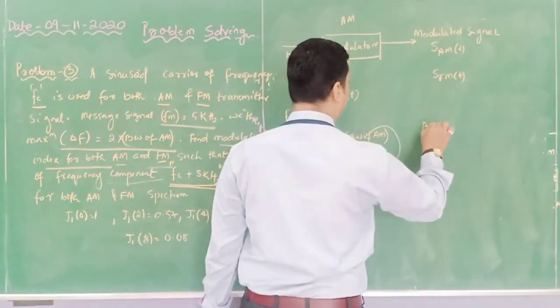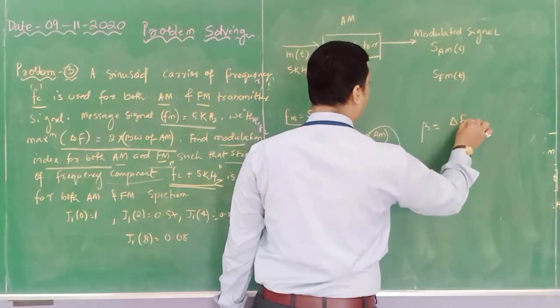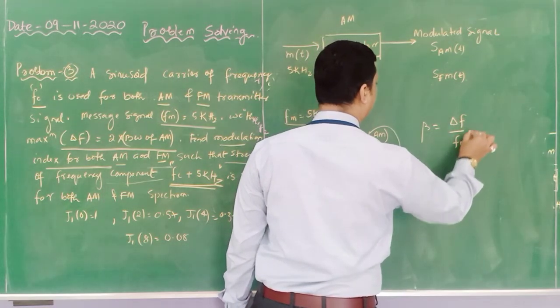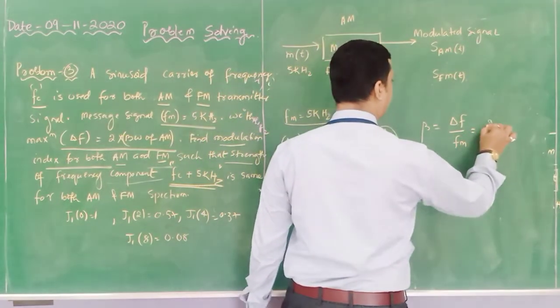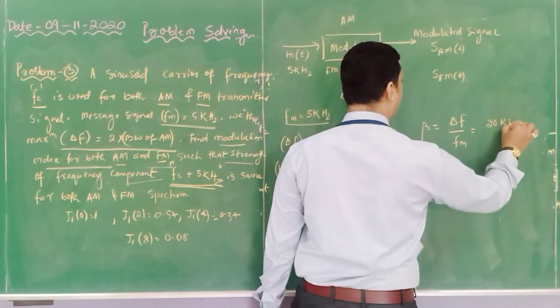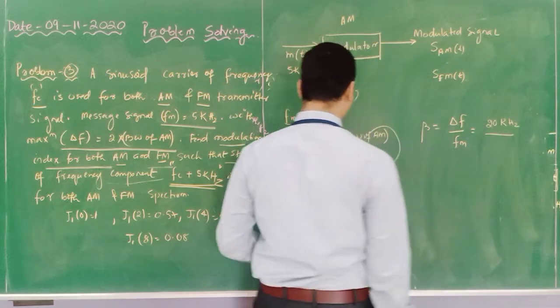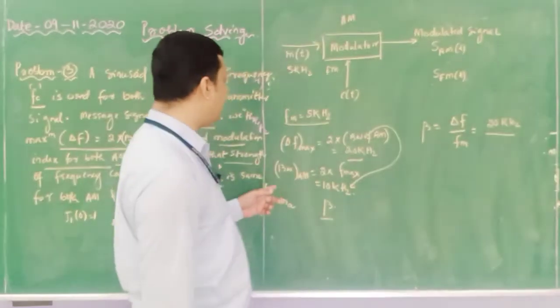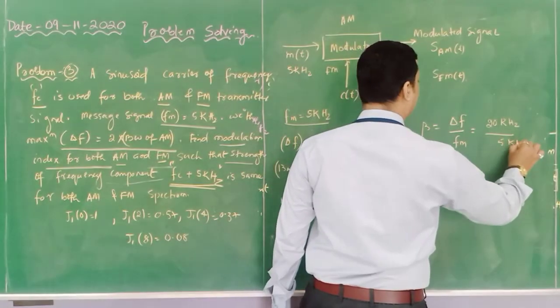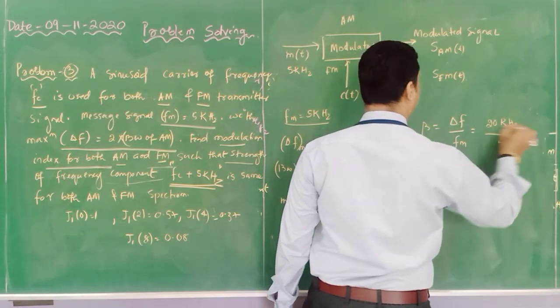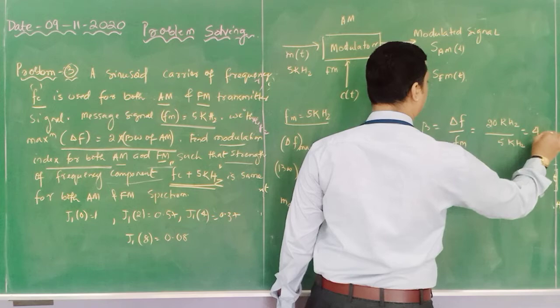Beta, as we know, is the frequency deviation divided by the modulating signal frequency. The frequency deviation is 20 kHz, and the modulating signal frequency is 5 kHz. So your beta is equal to 4.